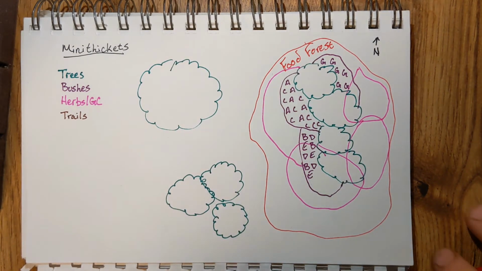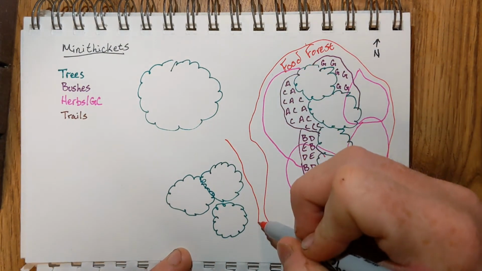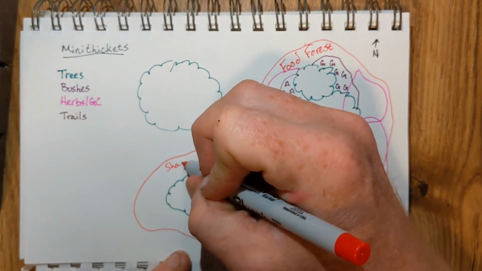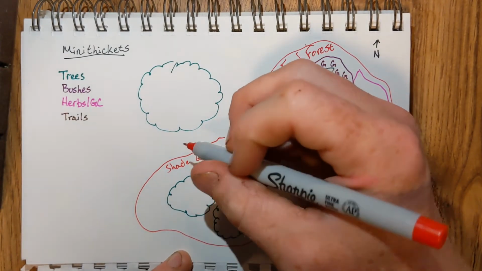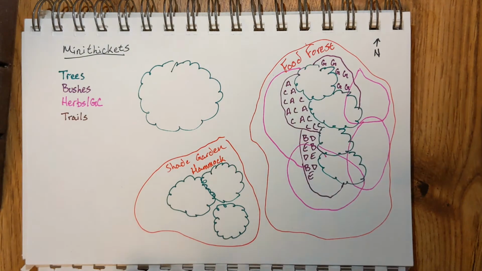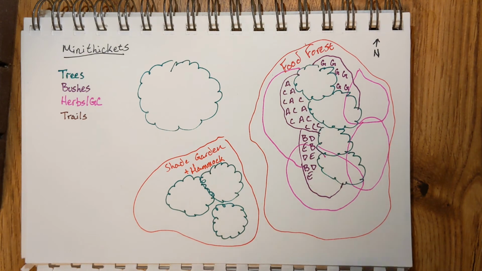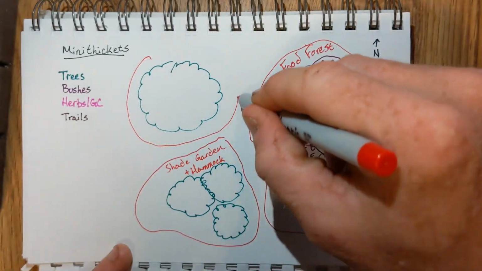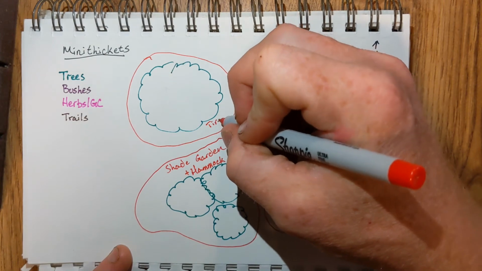right? And perhaps this set over here is just kind of like your shade garden. And a hammock. And in here, we just have our tire swing.